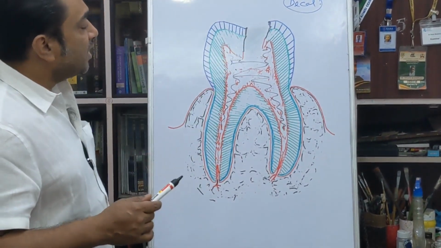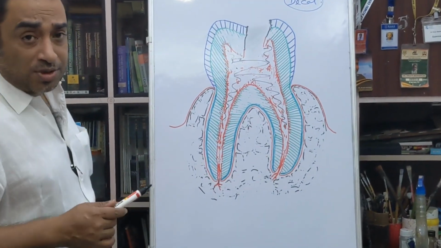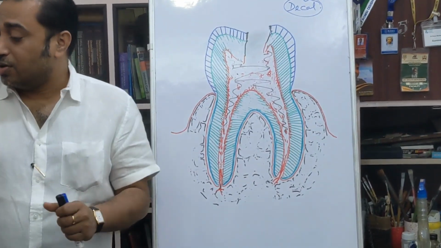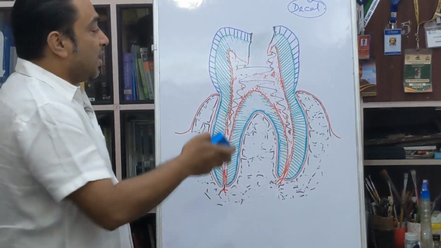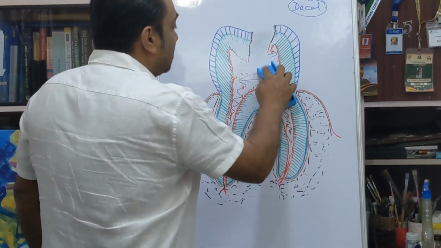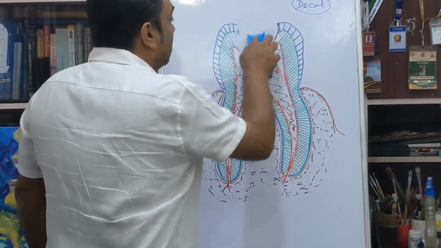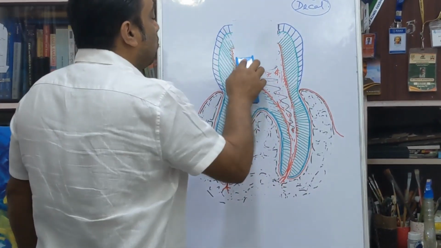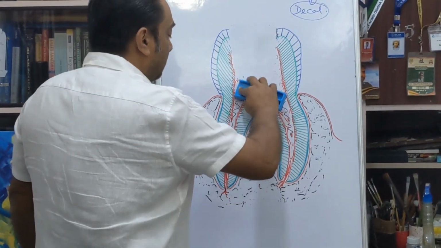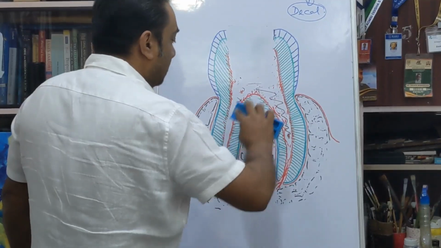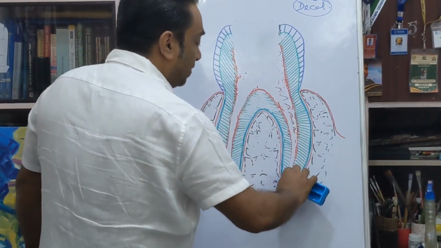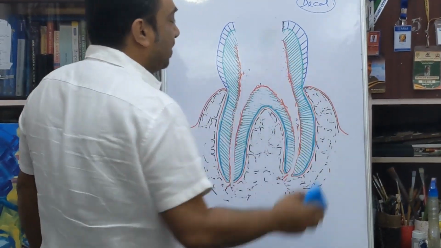So in case of near exposure or true exposure, what is done? This is a process called root canal treatment. Root canal treatment is widening the gap so that there is no overhanging material, and cleaning up all the putrefied material inside the pulp chamber.